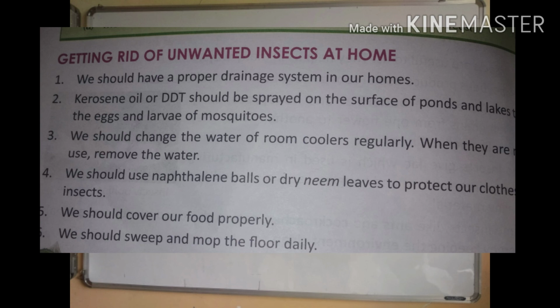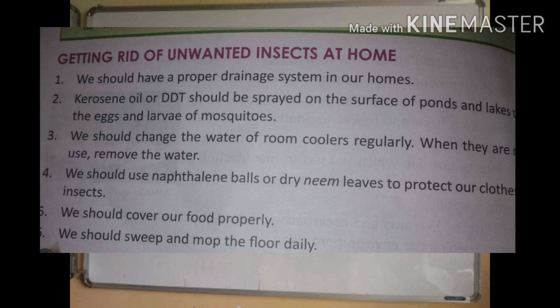We know that if the drainage system is not proper, then water will be stopped there, and it will lead to the germination of these insects. So for that, we should have a proper drainage system in our homes.